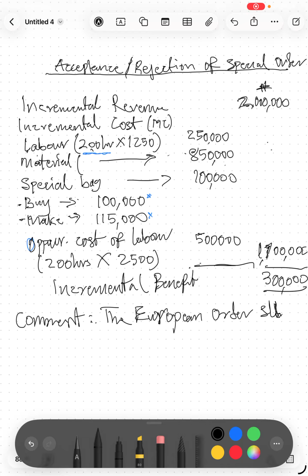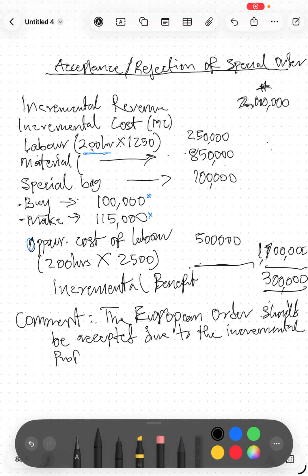Let's write in full: should be accepted due to the incremental profit or benefit of 300,000 naira.